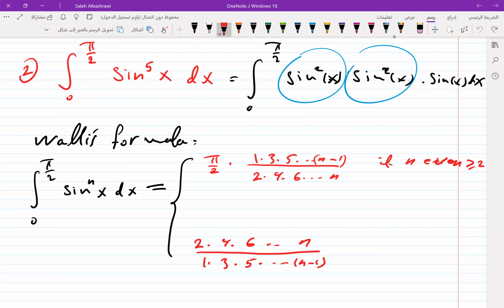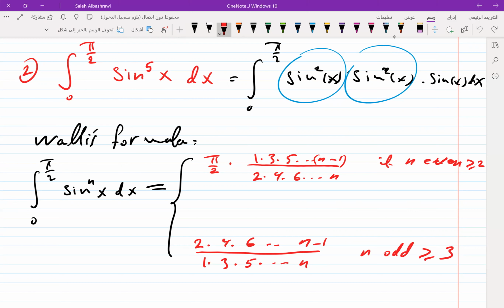It should be n minus 1 up and n down, in case that n is odd, greater than or equal to 3.